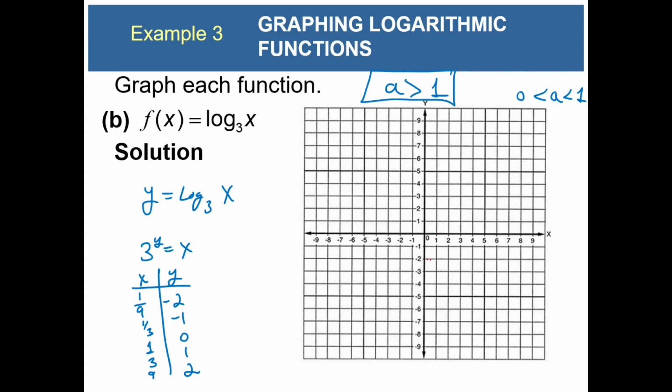We have 1/9, -2. 1/3, -1. 1, 0. 3, 1. And 9, 2. So it does look like an increasing function as we go to the right. And we do have a vertical asymptote as well on the y-axis.